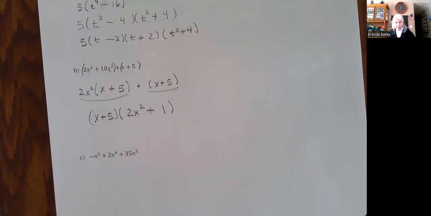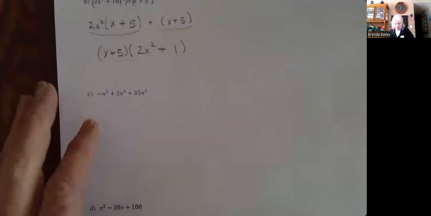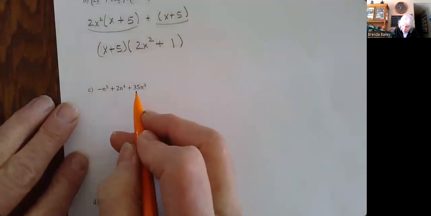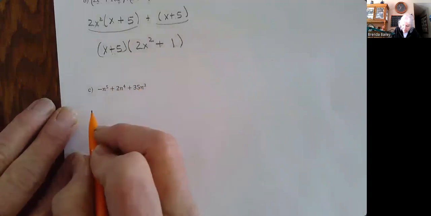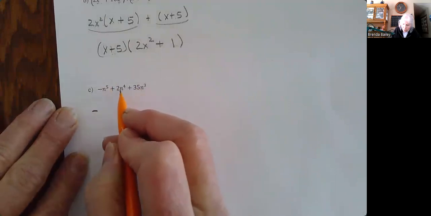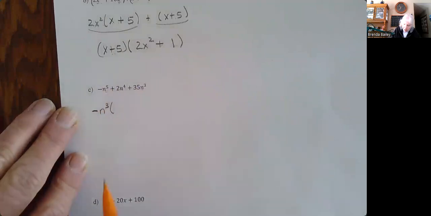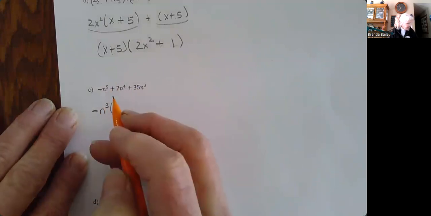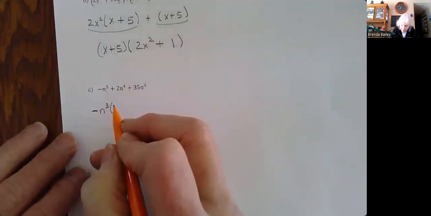Now this next one, okay, here I would multiply. Well, actually, they're in the right order, but I would take out a negative because of that leading term is negative, and an n cubed, the smallest of what's in common. N to the 5th divided by n cubed is going to be positive, and it's going to be n squared.